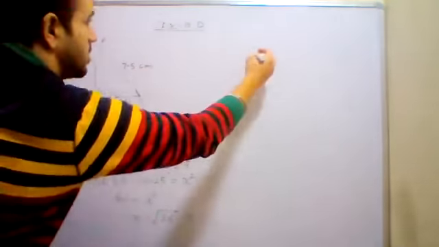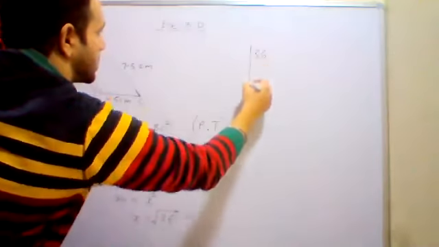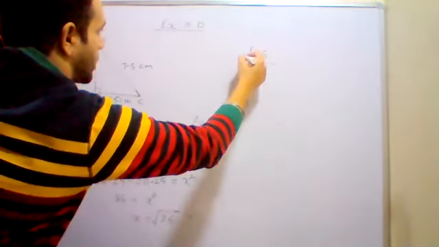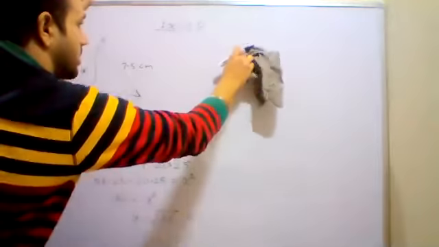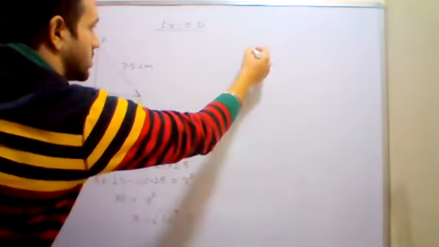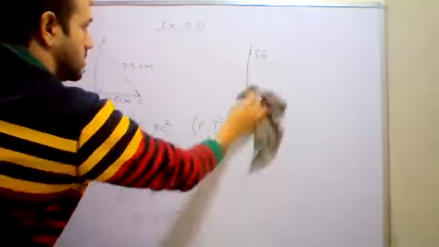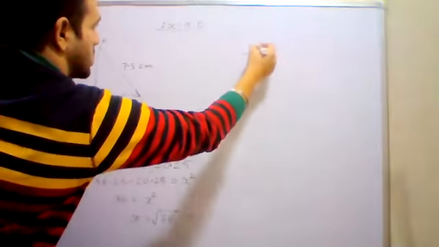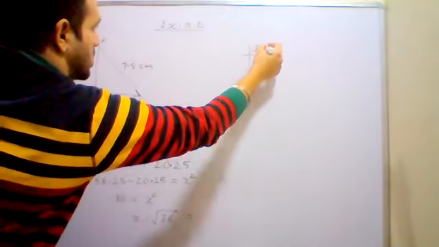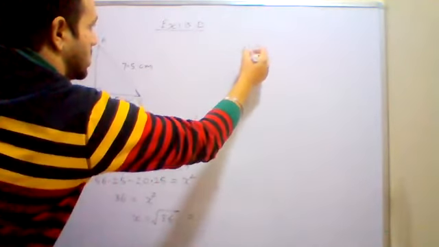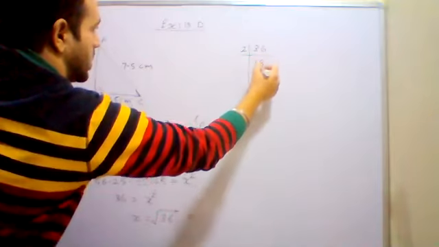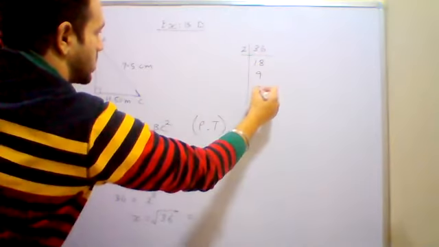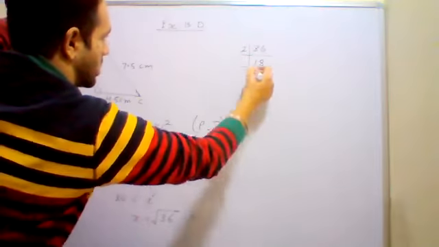How do you find it? You do the factors of 36. First you divide it by 2. 36 divided by 2 is 18, then again by 2, then by 3, then again by 3.